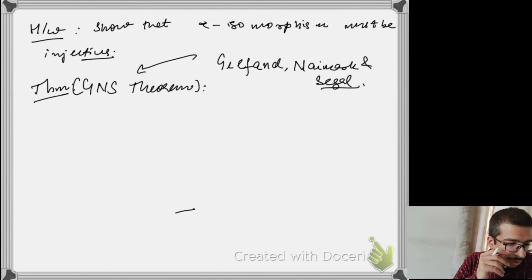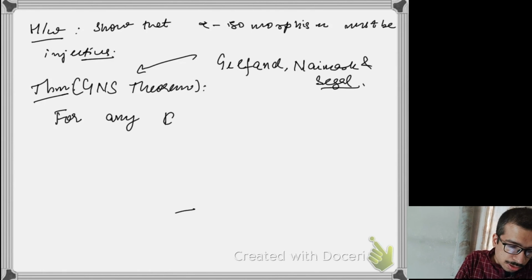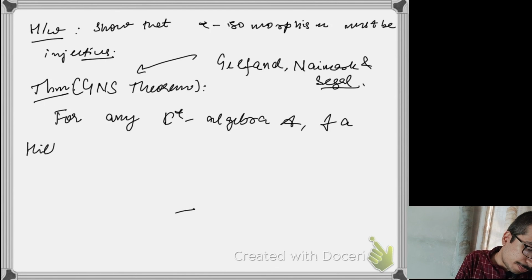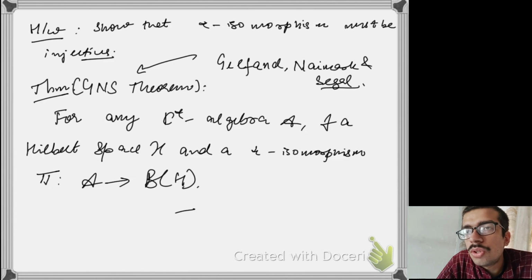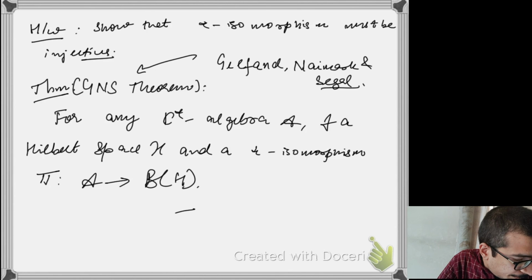So what this theorem says is that for any C star algebra A, there exists a Hilbert space H and a star isomorphism pi from A to bounded operators on H. So this theorem is called the GNS theorem, right?